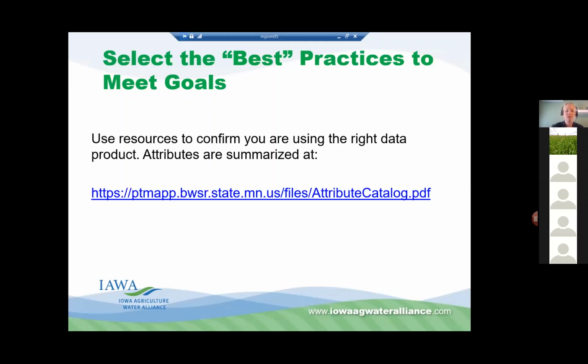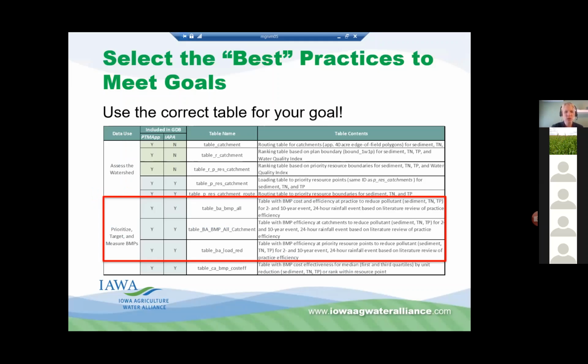There is a lot of information. Actually, I'm just going to go really quickly, high level, about what these three tables are. The BA BMP all is a table with BMP cost and efficiency information at the practice location. The BA BMP all catchment is this BMP information delivered to the catchment, so that's the edge of the field.